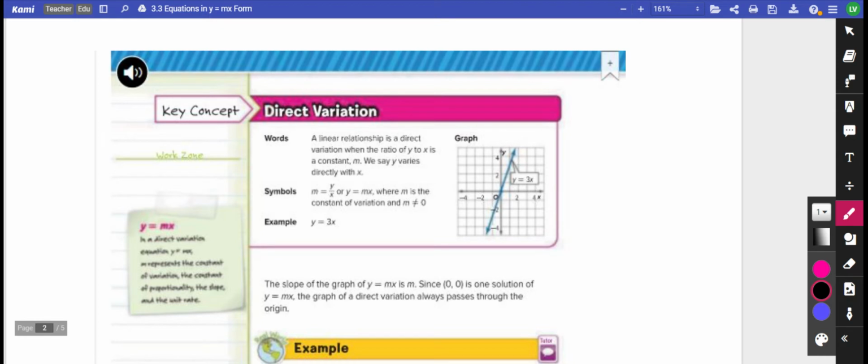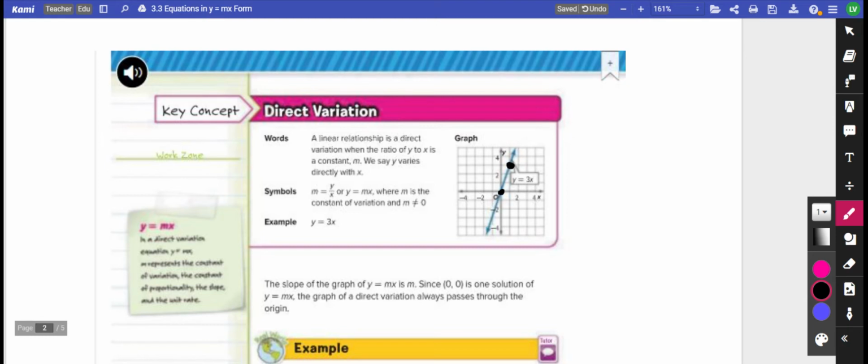Symbols: m equals y divided by x, or y equals mx, where m is the constant of variation and m does not equal 0. An example is y equals 3x. This example can be graphed by going through 0, 0. Then the slope tells you to go up 3 and to the right 1, and that point hits on the graph.